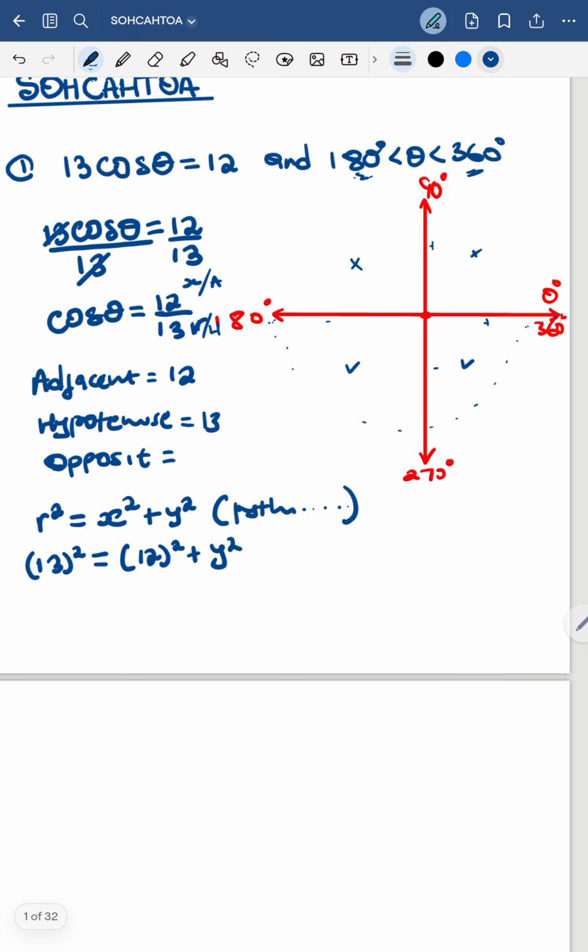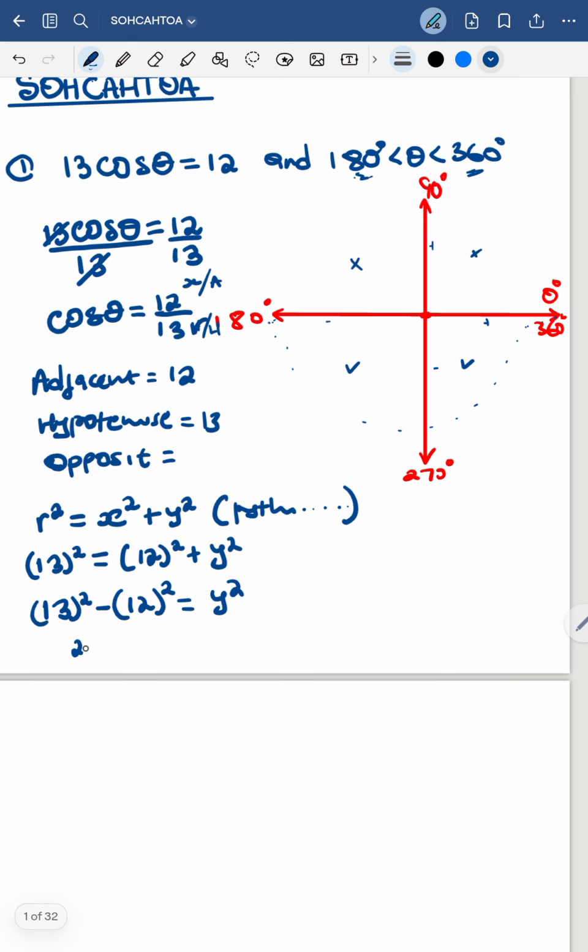If you want y squared, you need to make it the subject of the formula. Then you take your calculator and say 13 all squared minus 12 all squared.